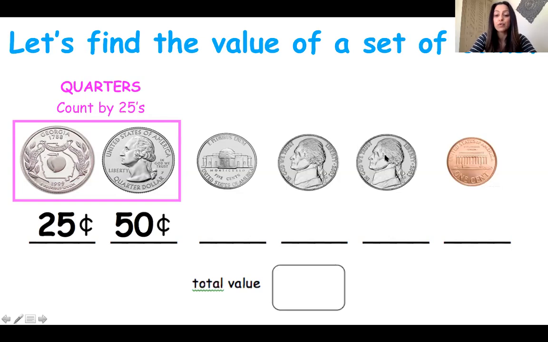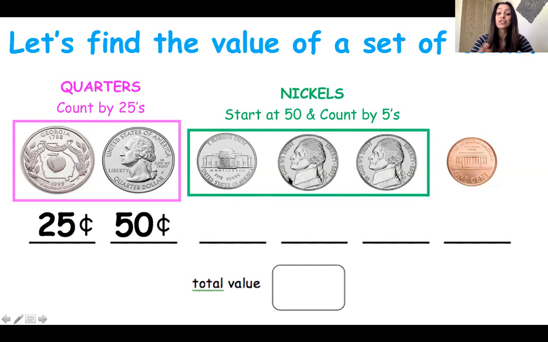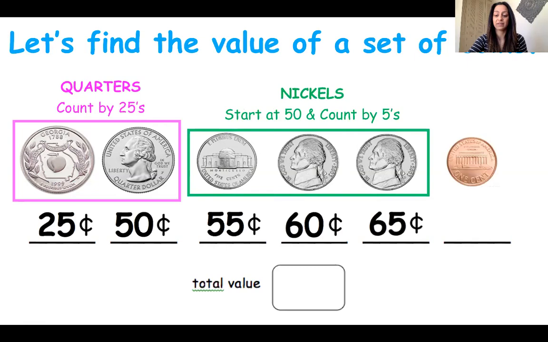Then I look at the next few coins to make sure I know how many times I need to count by fives. And I notice that the next 3 coins are all nickels. So for the next 3 coins, I have to count by fives. But I'm gonna start at 50 because that's where I left off. That's how much money I have so far. So here we go. 50 cents, 55 cents, 60 cents, 65 cents.